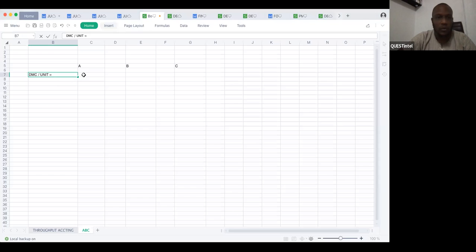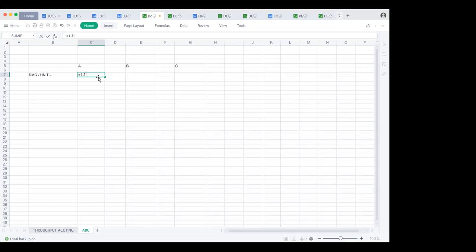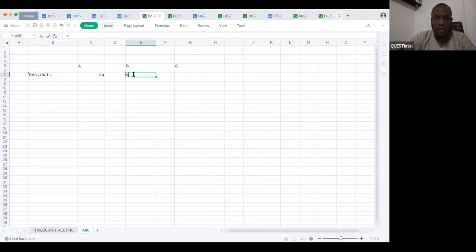So we move through that. So this one will be, you can always click on the formula in the box to check how you did the computation. So this one is 1.2 multiplied by 2. Then for B it is 1.2 multiplied by 3, right?